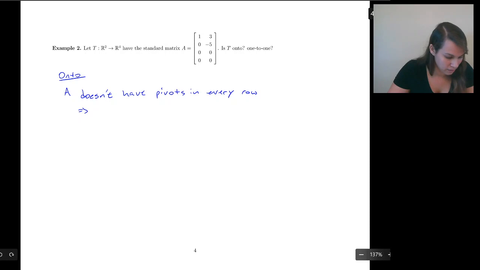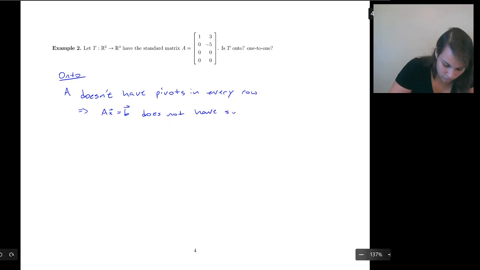So that means Ax equals b does not have solutions for all b, which means T is not onto.